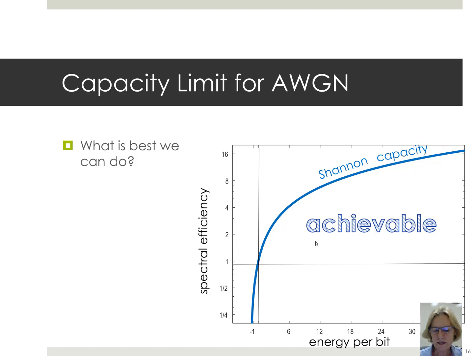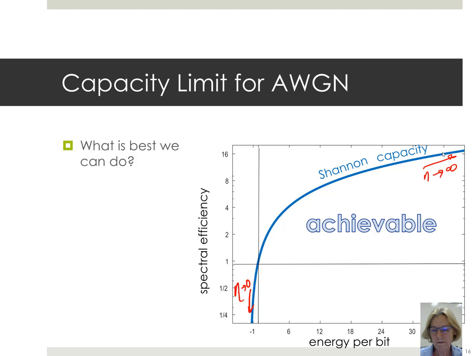And what's also interesting is we can look at the asymptote here. So as we go along this curve, going to the right here, efficiency is getting better. Spectral efficiency is going higher. Here we have spectral efficiency going to 0 in this direction. And we can think of this as trading off spectrum in order to be able to get good communications, despite the fact that we have very, very little energy per bit.